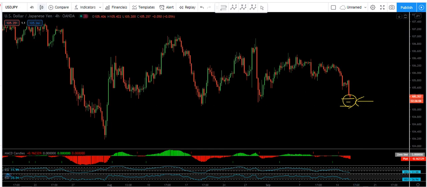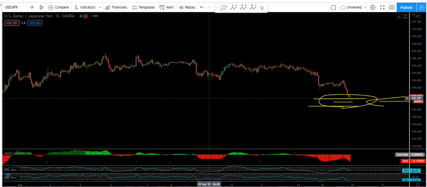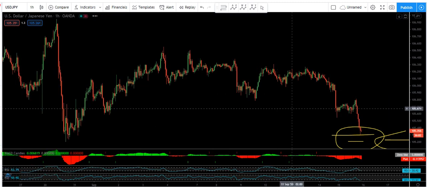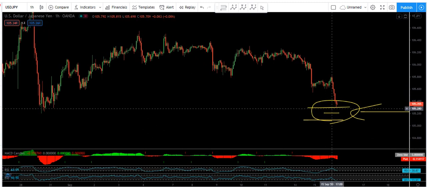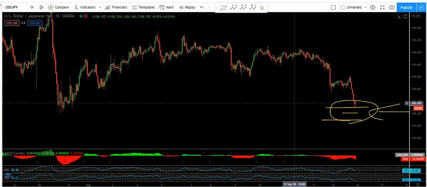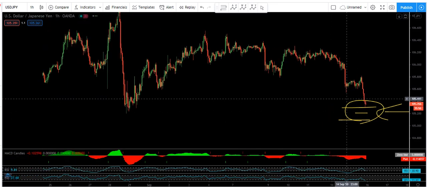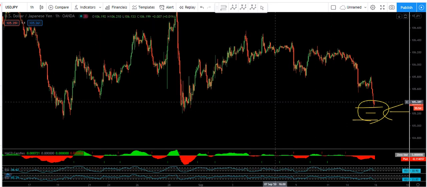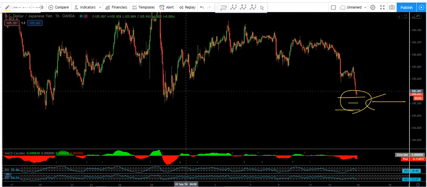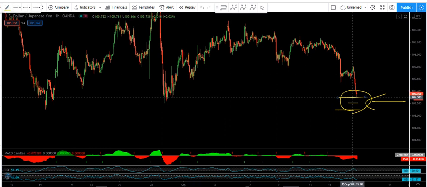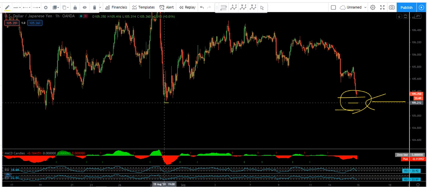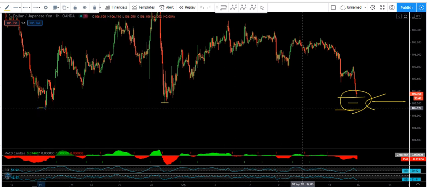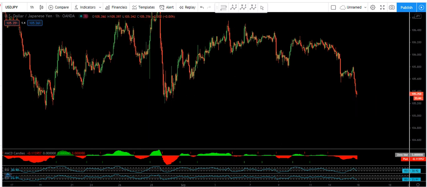In that case, maybe move to the 1 hour chart. The question is whether we need to look for sell here, because I don't think we can look for buy right now. As we can see, it depends on the traders, because the price is almost at this low and this low. I don't think selling here is a good idea.